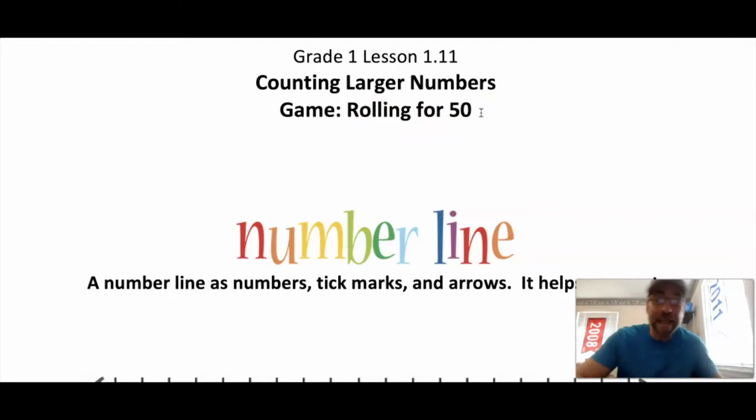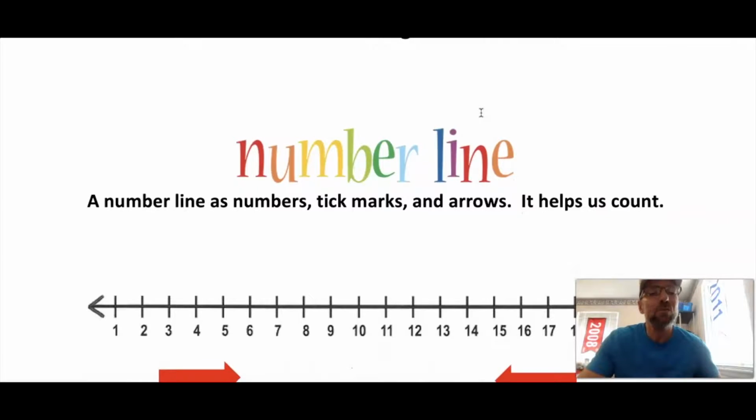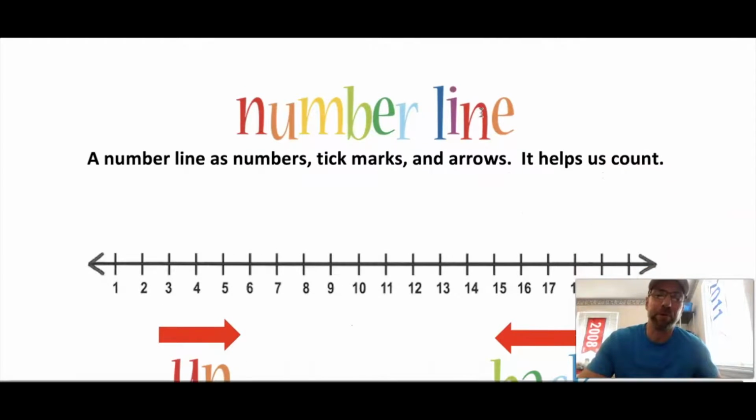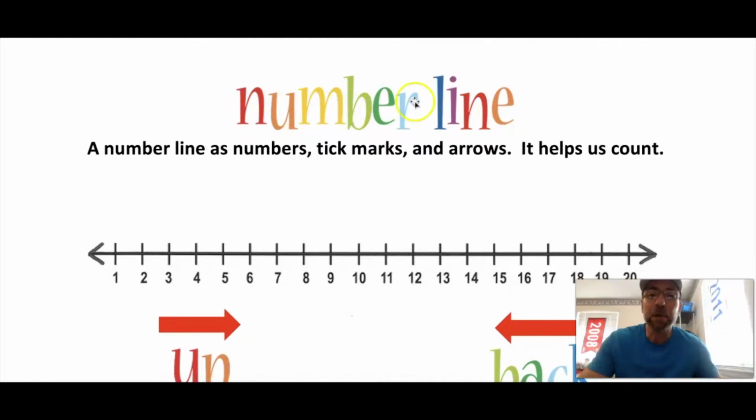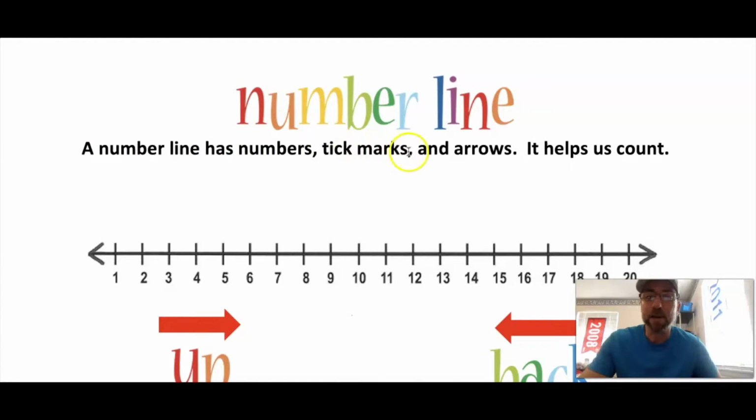So let's go ahead and look at an important vocabulary word. Number line. Now, we've been working with number lines before. A number line has numbers, it has tick marks, and it has arrows, and it helps us count.